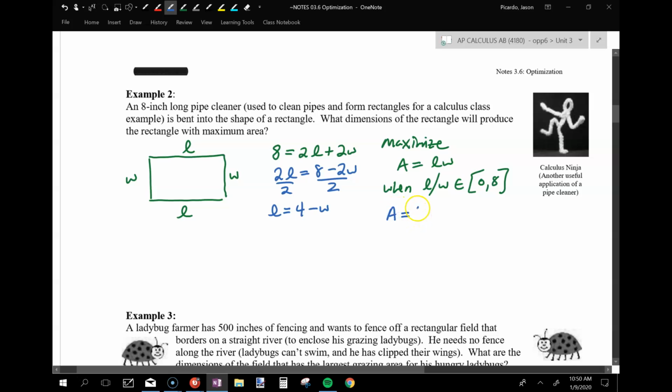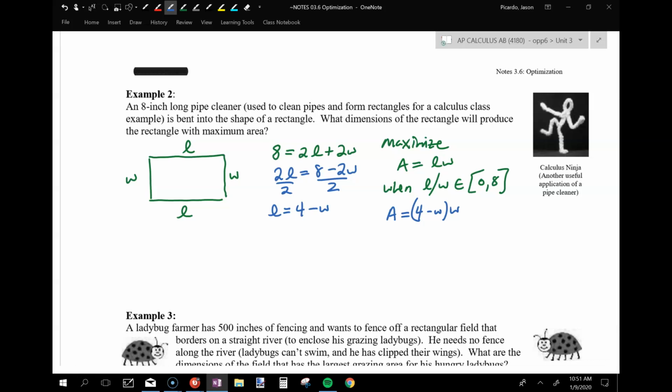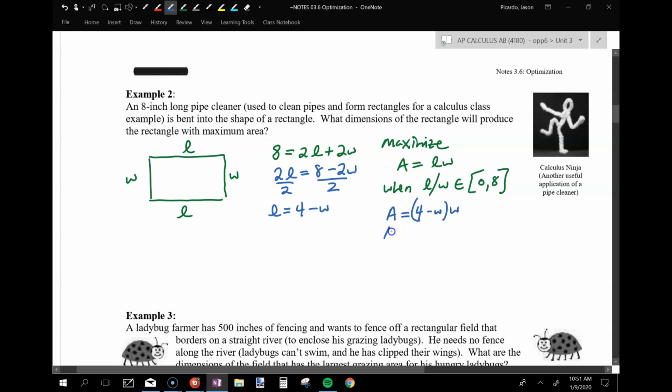So if I go back to this, that's what I'm trying to maximize. Can I make that look a little nicer? It's 4W minus W squared, right? All right, so what am I going to do now?